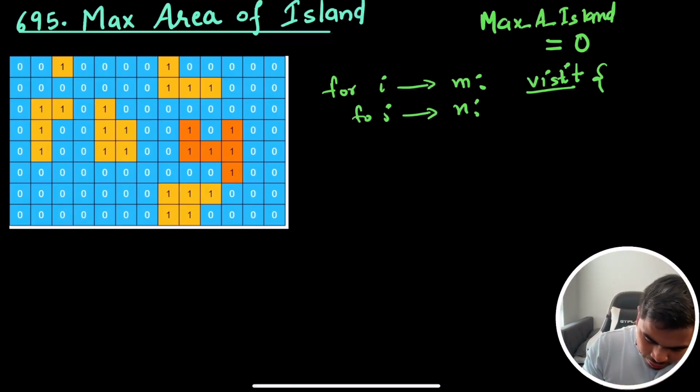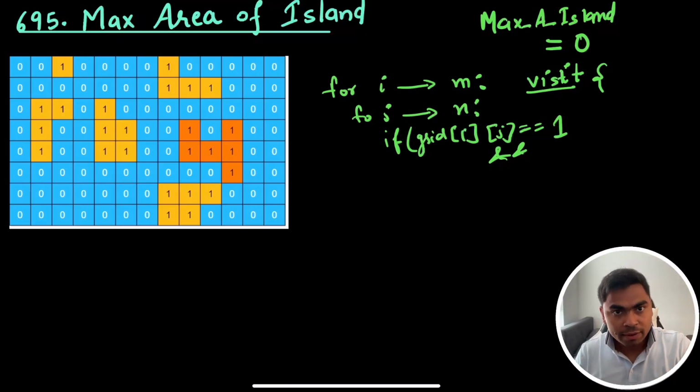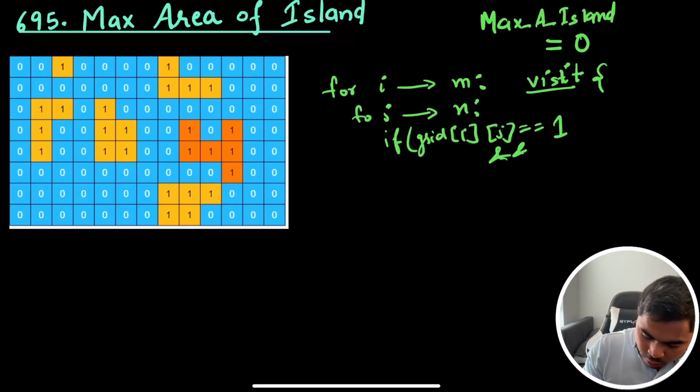Now if grid at i and j equals 1, that means I'm seeing a piece of land. I also want to check that this is not in visit, so i, j not in visit.